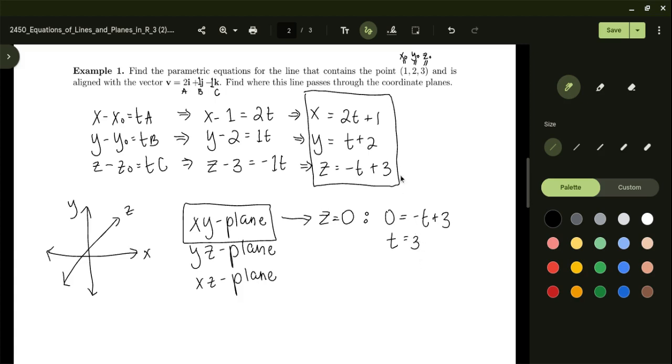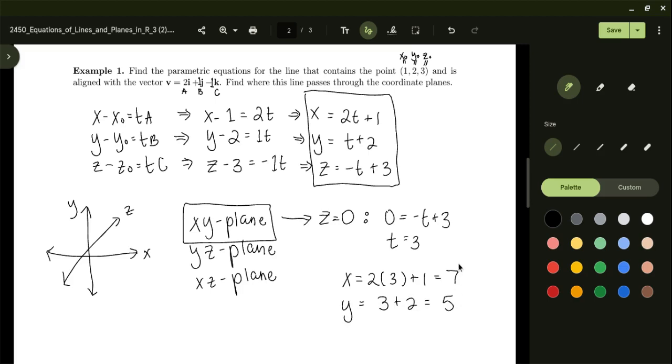So now we can find the values of x and y. So if we plug in 3 for t, we get x equals 2 times 3 plus 1. 2 times 3 is 6, plus 1, 7. And then for y, if we plug in 3 for t, we get 3 plus 2, which is 5.